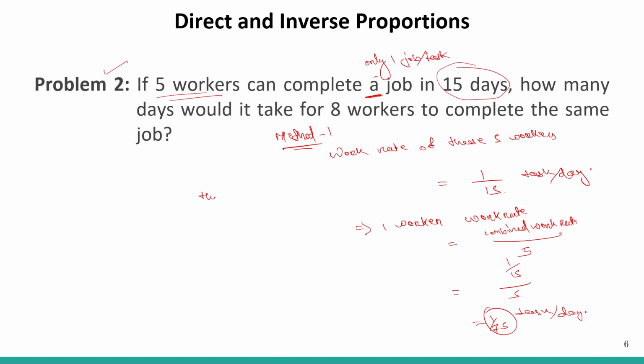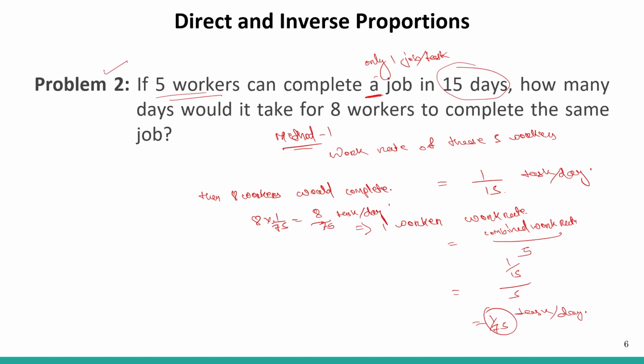So 8 workers would complete 8 into 1 by 75, that is equal to 8 by 75 tasks per day.